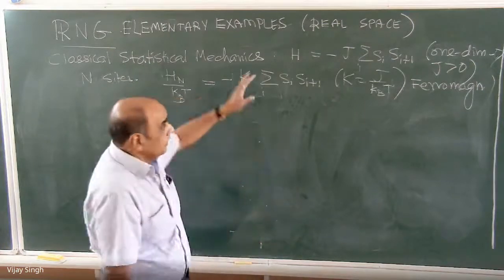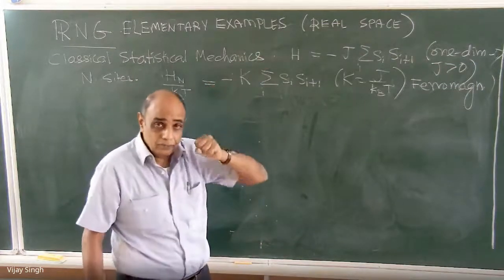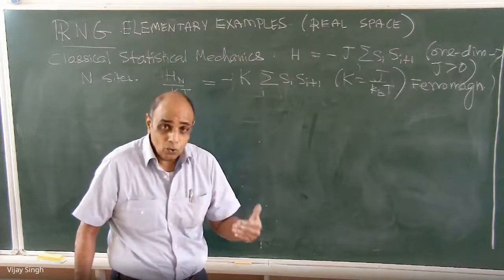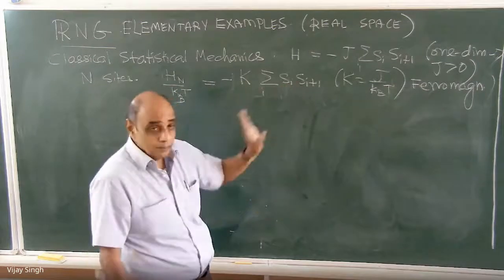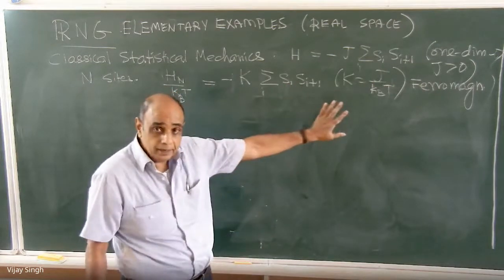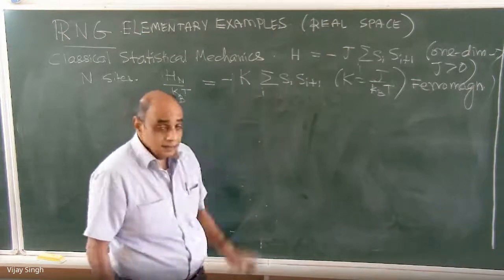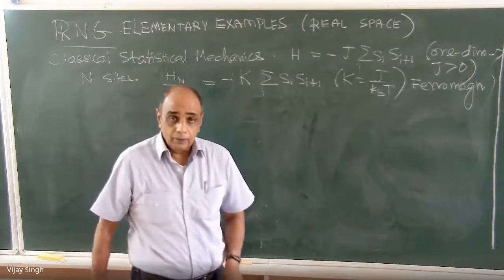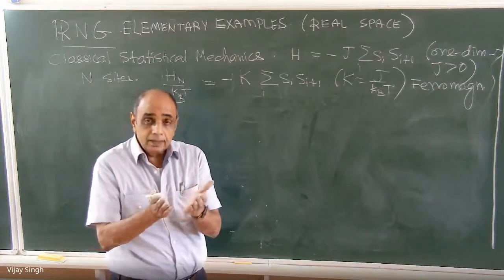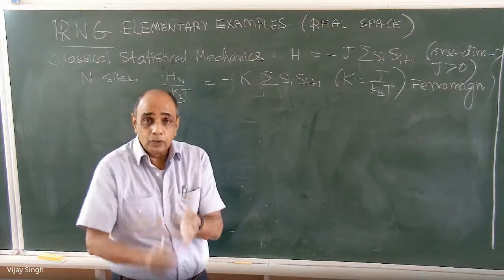But since we are working out an elementary example to get a flavor for how the renormalization group argument goes, let us do this problem. It is simple enough to do and present in about 15 minutes. So this is mine. What you do is the following. You take 3 sites at a time and then you group them together.